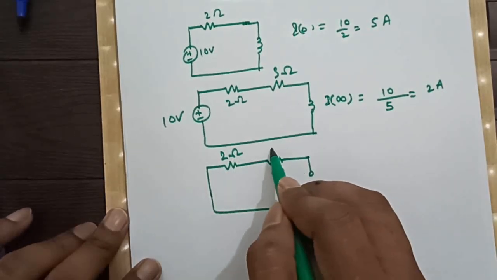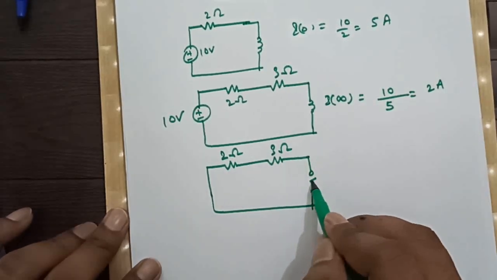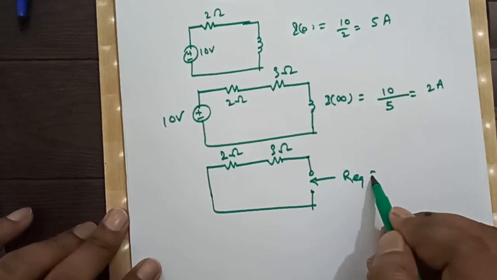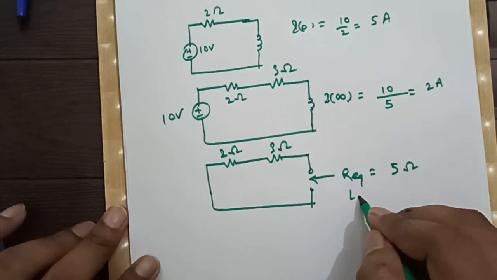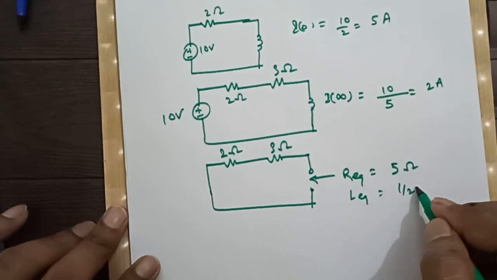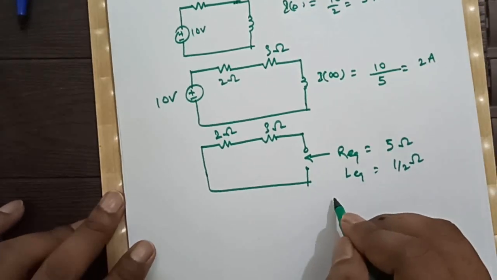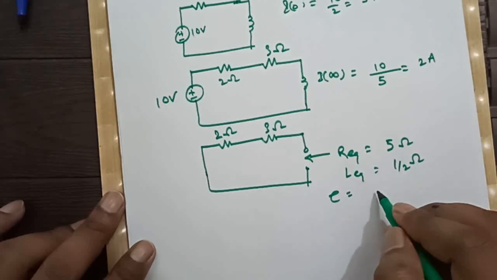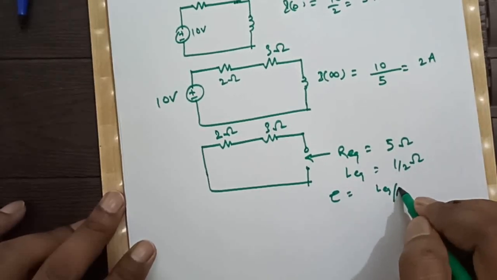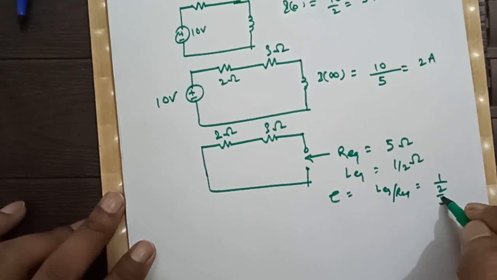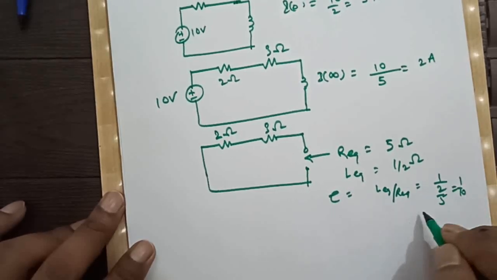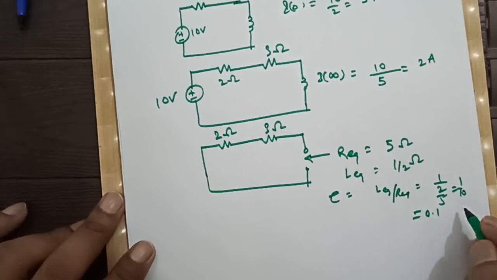This will be 2 ohm, this will be 3 ohm. This is R equivalent. R equivalent will be what? Nothing but 5 ohm. L equivalent is what? 1 by 2 henry. So the time constant tau is equal to L equivalent by R equivalent means 1 by 2 divided by 5 means 1 by 10, nothing but 0.1 second.